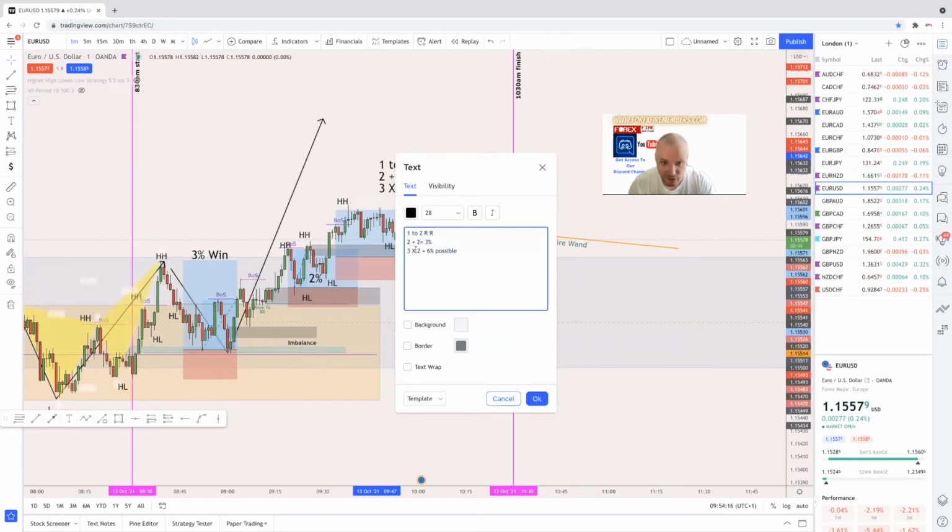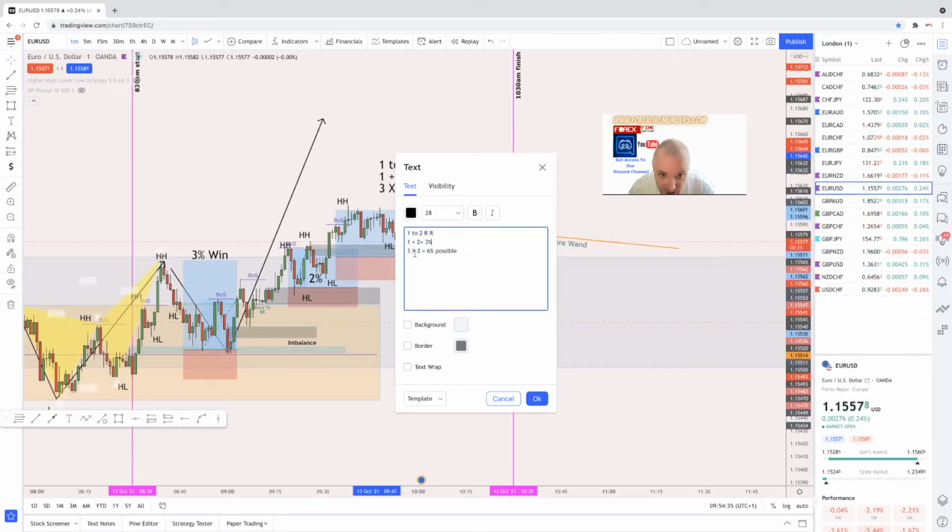So what you're taking on here now is you're taking that risk to reward of 1 to 2 is 3. Mathematically, 1 and 2, you add those together, is 3, so you're going to risk 3%.